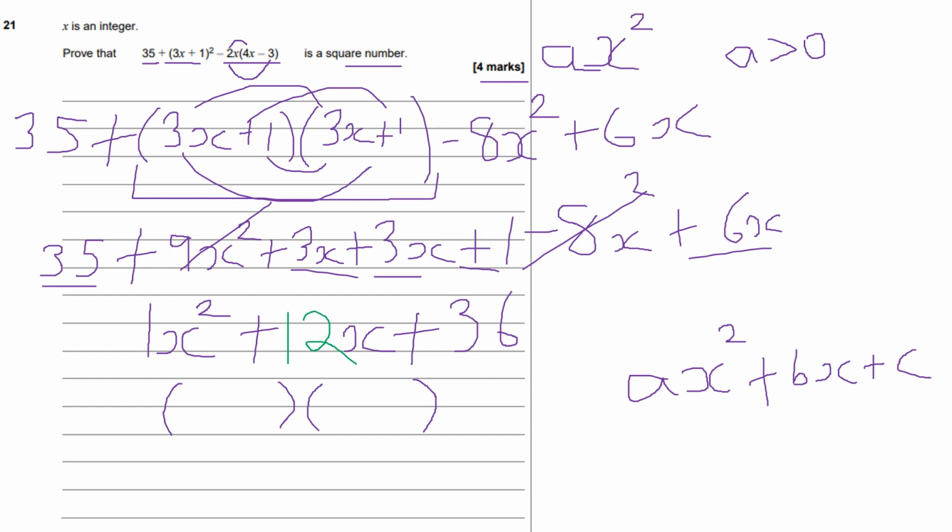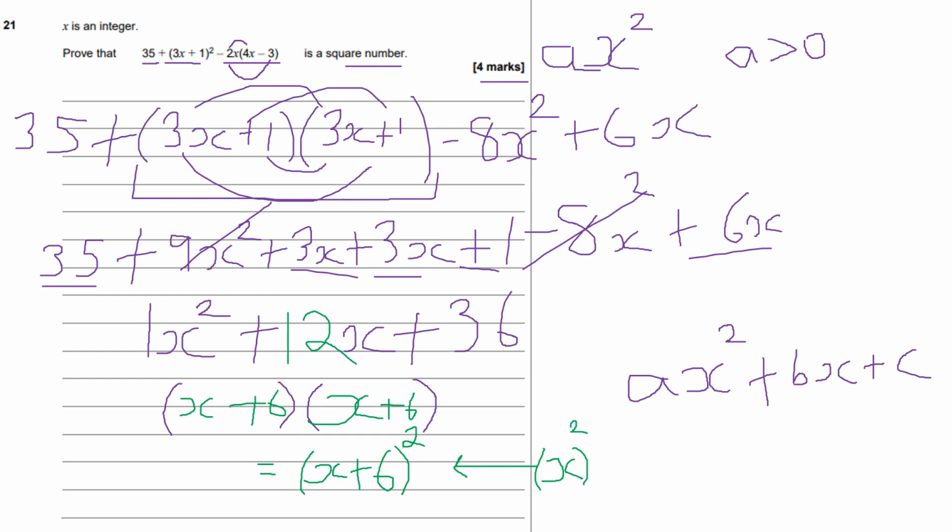Now we're going to have x plus 6 times x plus 6, which is the same as writing x plus 6 all squared. The square at the top of the bracket means I'm squaring everything, so that proves it is in the form of a square number, because it's in the form of a letter squared.